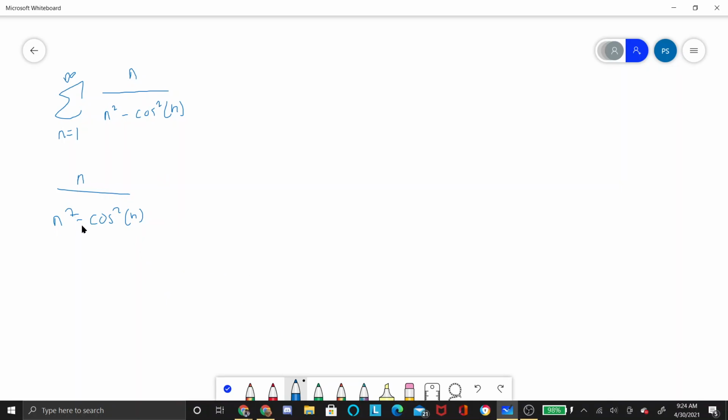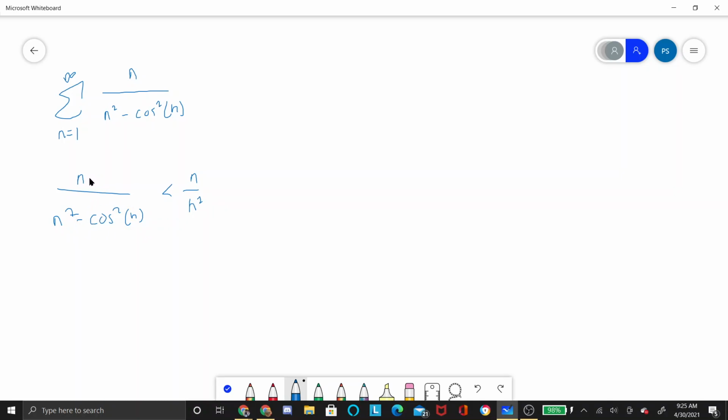So this cos squared n will never become greater than 1. But this n squared, that'll really blow up. So we can just say that it's actually less than n over n squared.